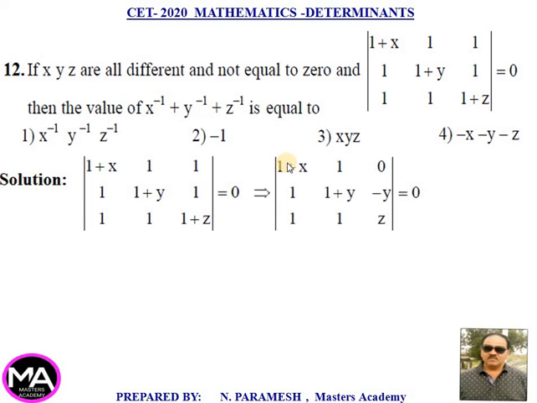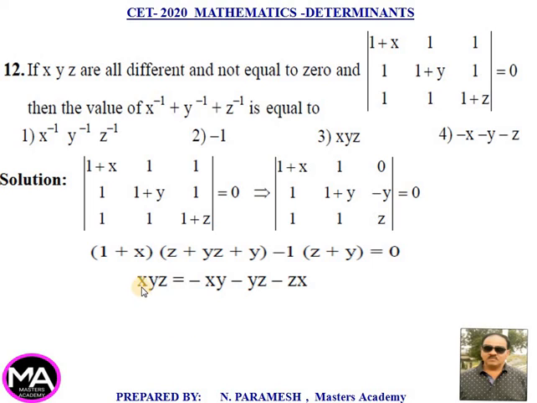First column as it is, second column as it is, third column changes to third column minus second column: 1, minus 1, 0, 1 plus of 1 minus y is minus y, 1 plus z minus 1 is z, is equal to 0. Expanding along R1, 1 plus x of bracket z plus yz, plus y minus 1 of y plus z is equal to 0.